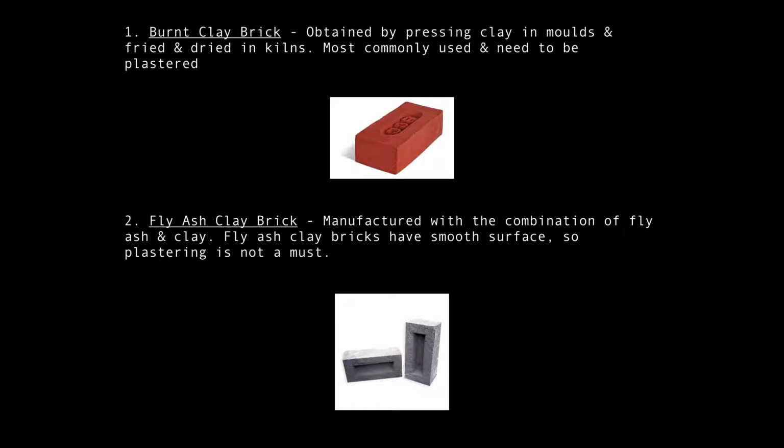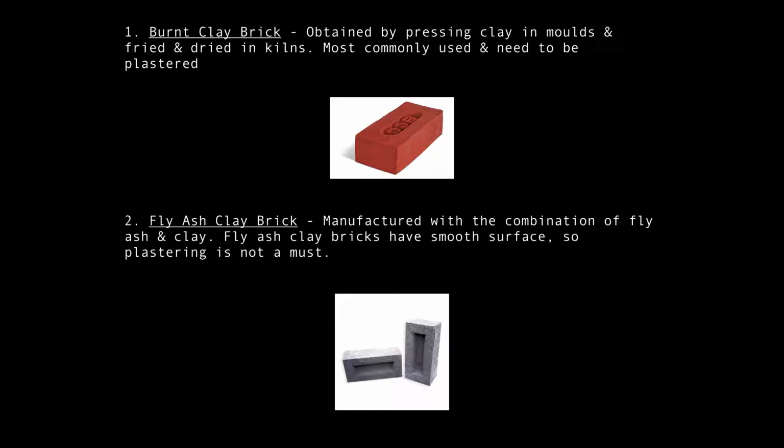Generally, these bricks are used for doing all the brickwork, and since these bricks are not very polished, they need to be plastered to get a finished surface. Another kind of brick which is being used is fly ash clay brick. Now these are a combination of fly ash and clay.